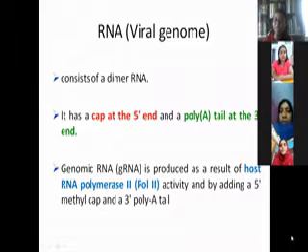This RNA genome has a cap at the 5' end and a poly A tail at the 3' end. The genomic RNA is produced as a result of host RNA polymerase II activity, by adding a 5' methyl cap and a 3' poly A tail.